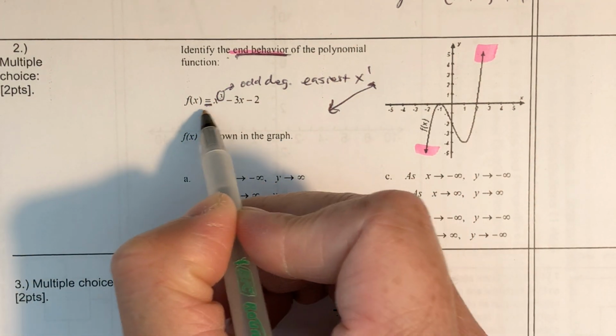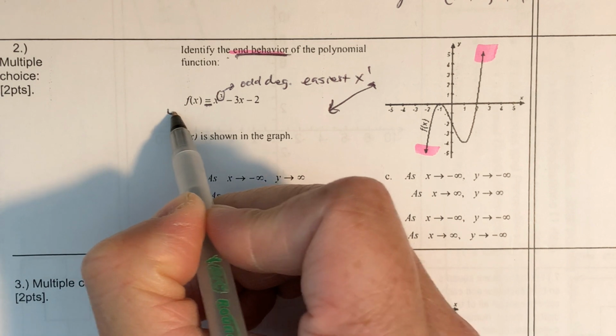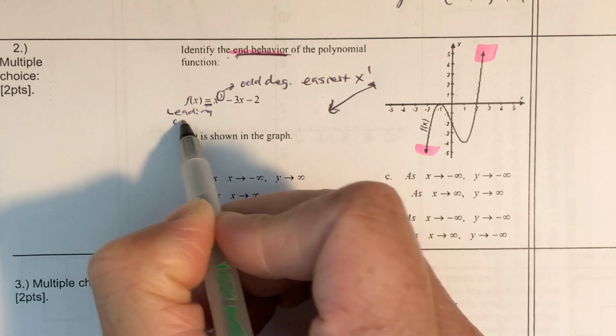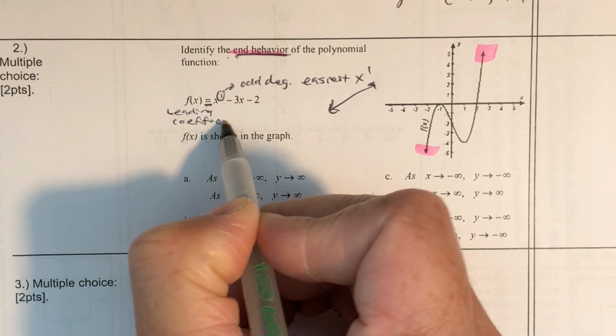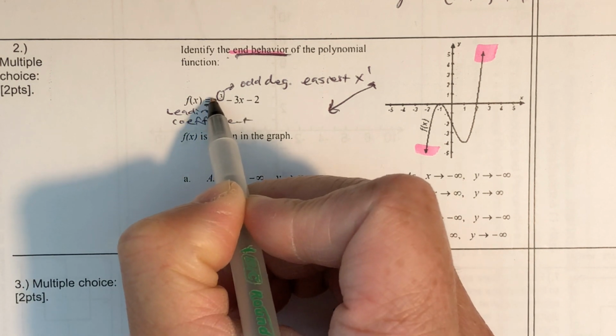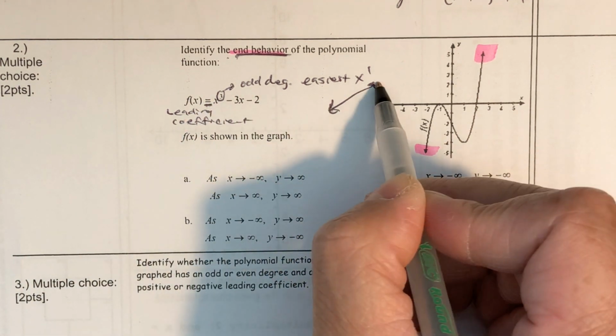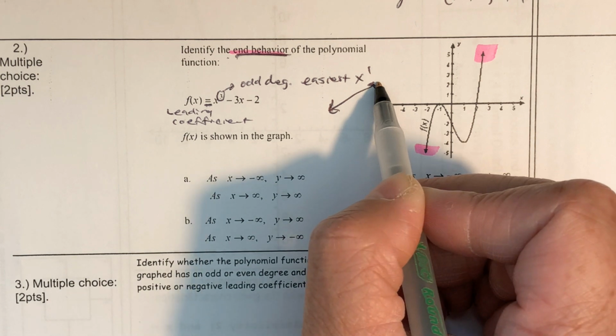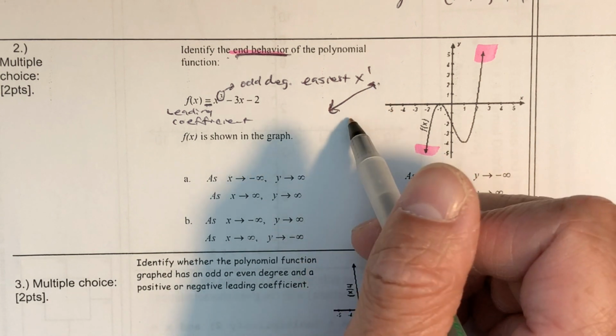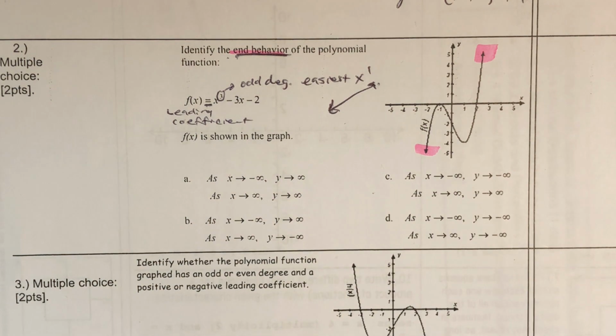And also the leading coefficient, is it positive or negative? Well, it's positive because there's no negative, which means it stays on these arrows, right? Okay. So this gives us a hint.